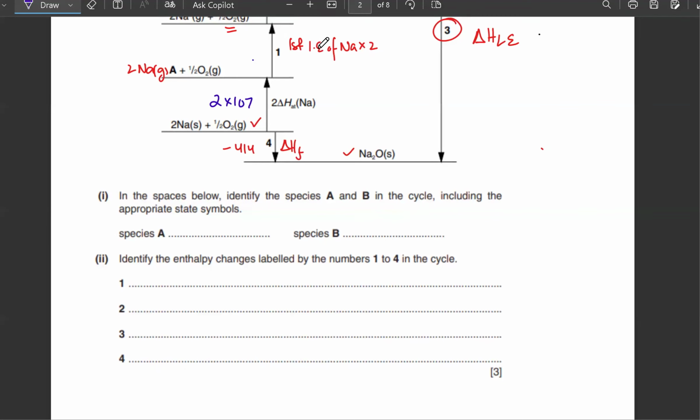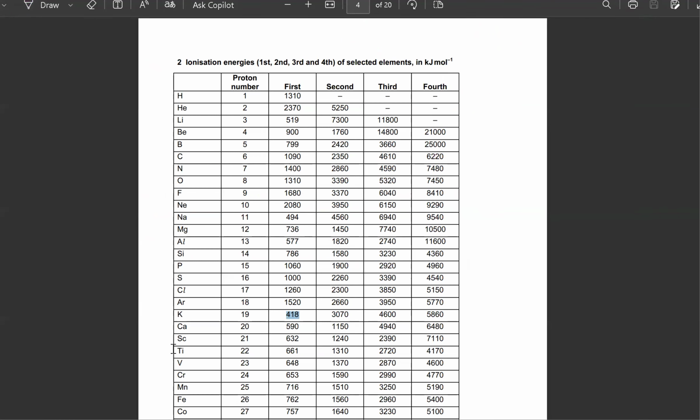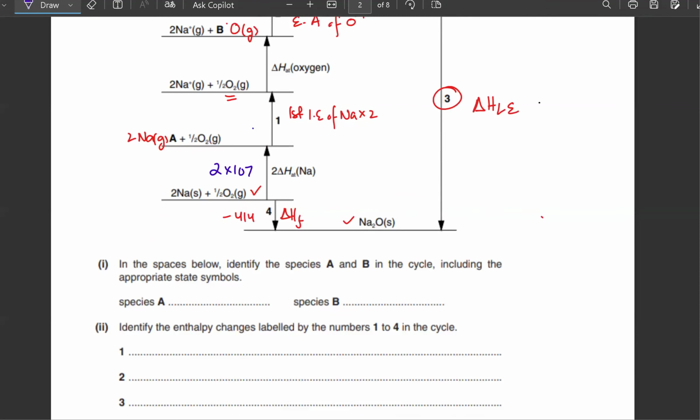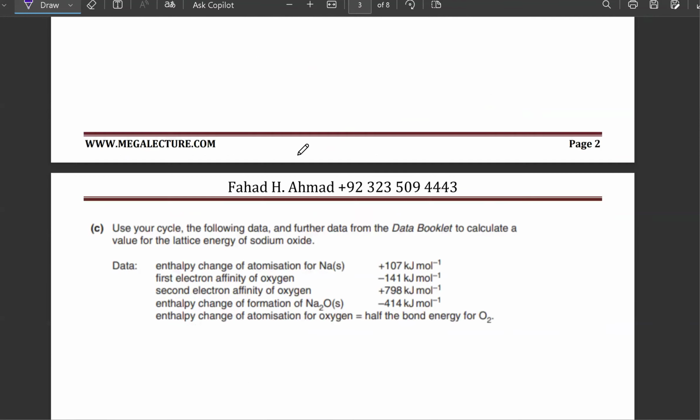Now the first ionization energy of sodium is not given, that's in the data booklet. It's given as 494, so this is 494 times 2, the first ionization energy of sodium. Now, did they give us the enthalpy of atomization of oxygen?